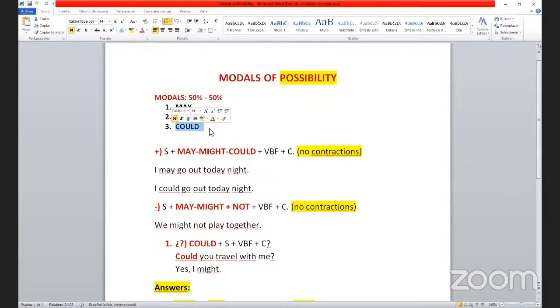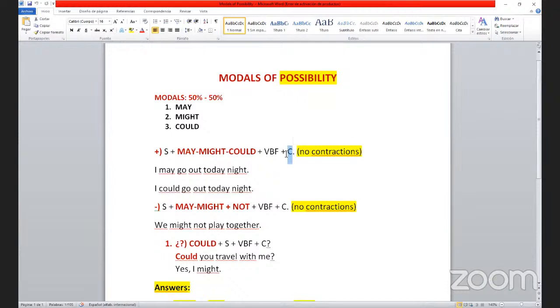We are not going to use all of them in all sentences. For example, in affirmatives, we use subject, may, might, could, verb in base form. Always when we use one auxiliary, we use the verb in base form, and after the verb in base form, we have the complement.